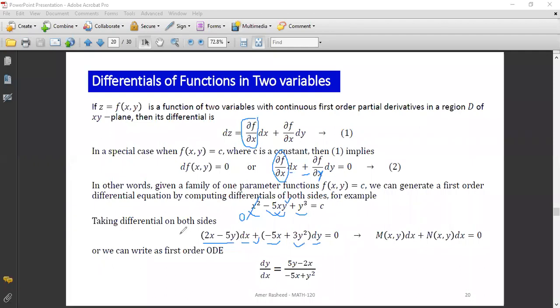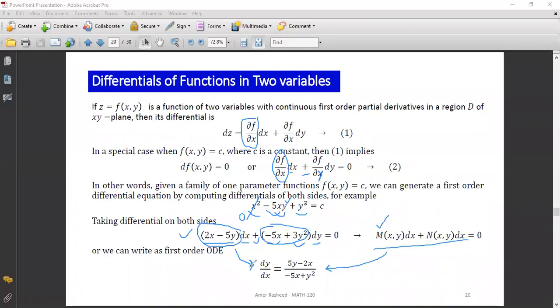So what is this now? This is a first order differential equation of this kind, where this function is M(x,y) and this function is N(x,y). So this is a first order differential equation, which can further be written in this form.